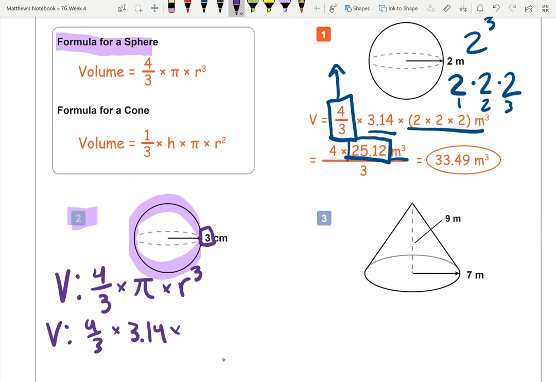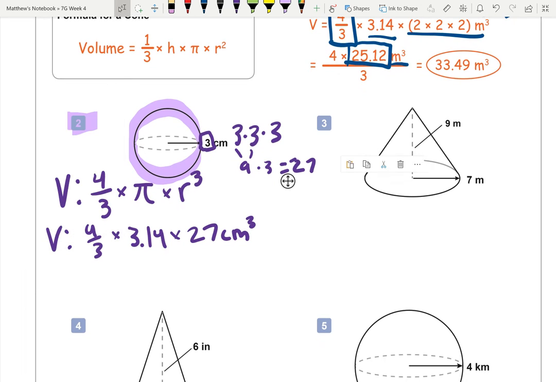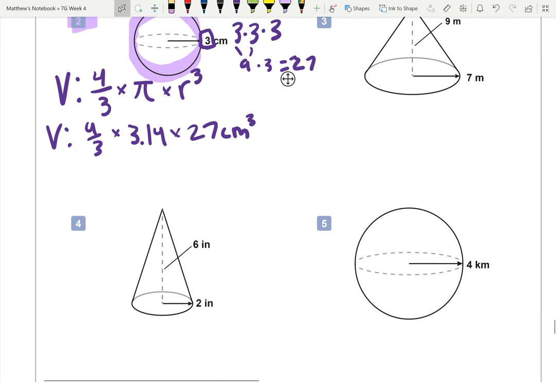Since our radius is 3 centimeters, we're going to do 3 times 3 times 3. 3 times 3 gives me 9, times another 3 is going to give me 27. So we have 27 centimeters cubed for the radius cubed. And now we have to finish this off by multiplying. 4 over 3, which you may have seen on your calculator, is 1.3333 repeating.